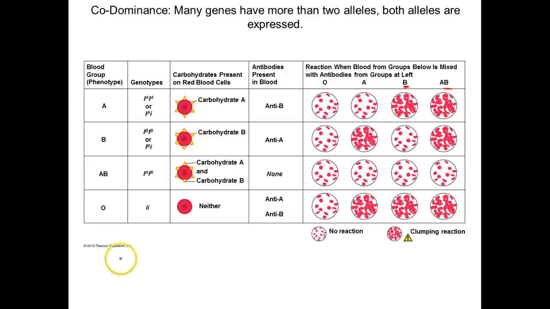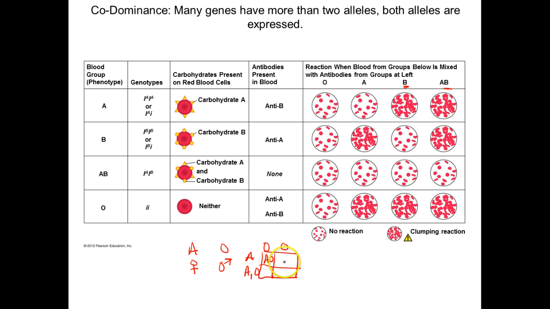So for example, say your mother is blood type A and the father is, say, blood type O. What are the possible blood types of the children? Here's my Punnett square. Now the mother could be AA or AO, and the father, of course, is OO.